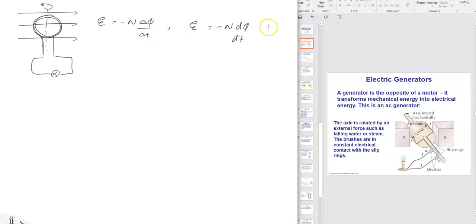Now the flux ψ is BA cosine theta. The maximum is just BA, but at any given point, depending on the angle this coil makes with the magnetic field, it is given by BA cosine theta.